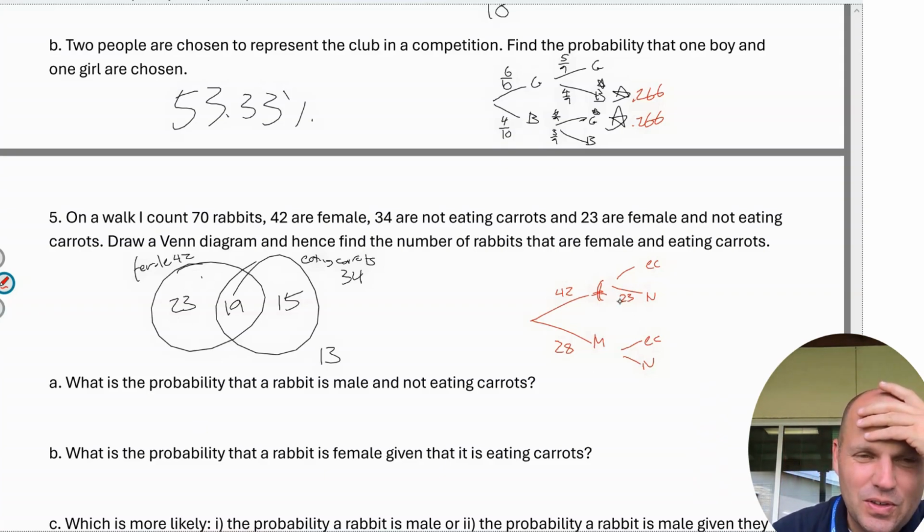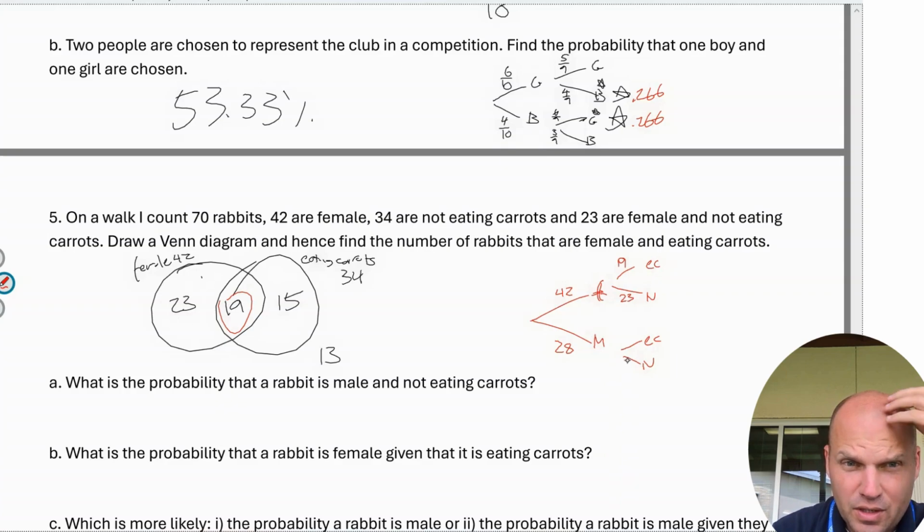But the total, okay, so 23 of the 42 are female and not eating carrots. So that means 19 are female eating carrots, which is what we found. Cool.